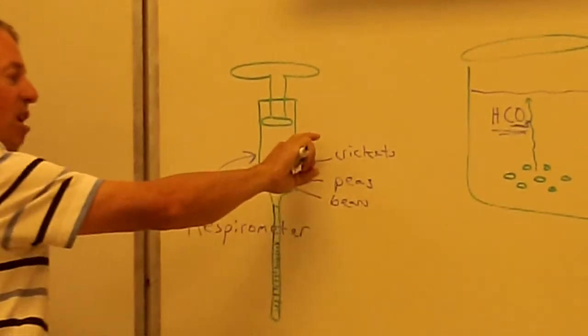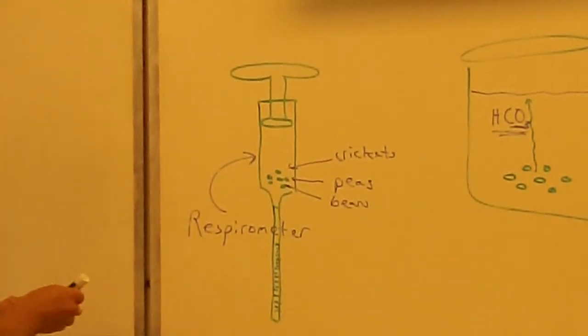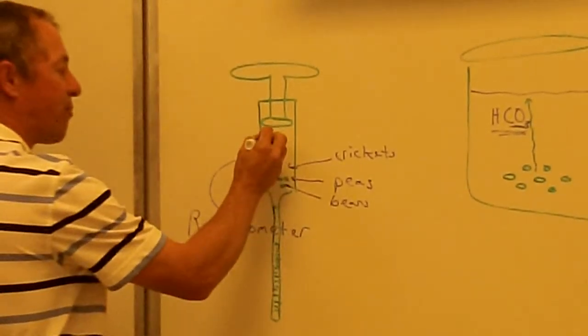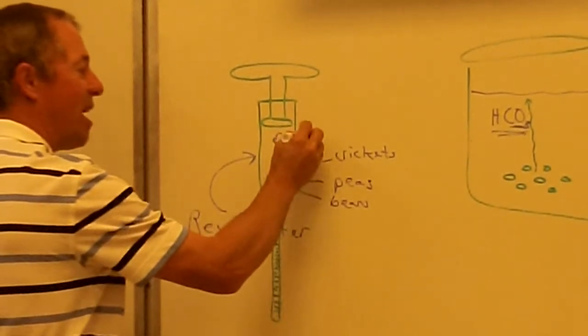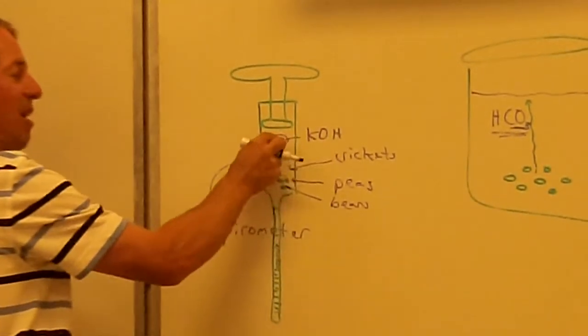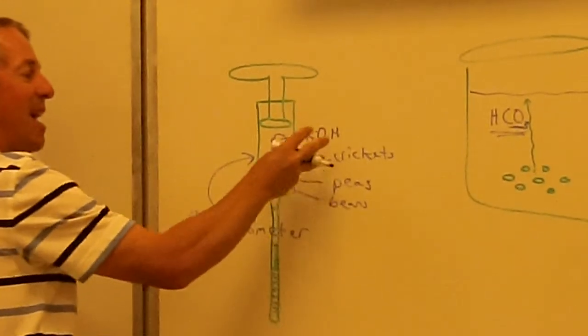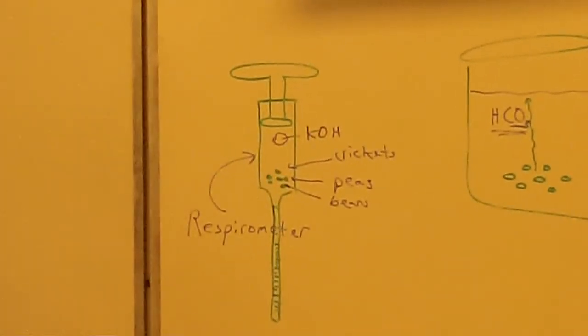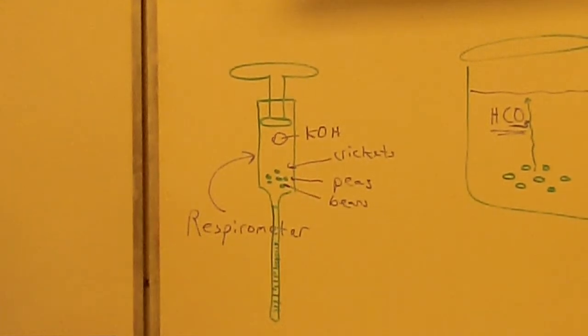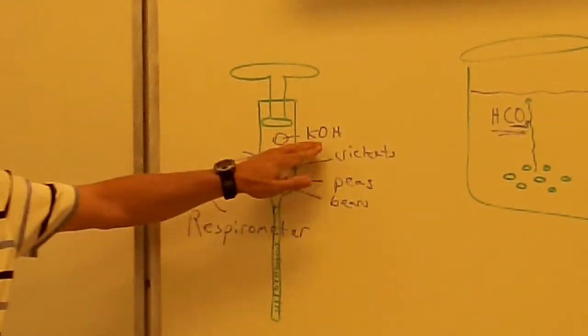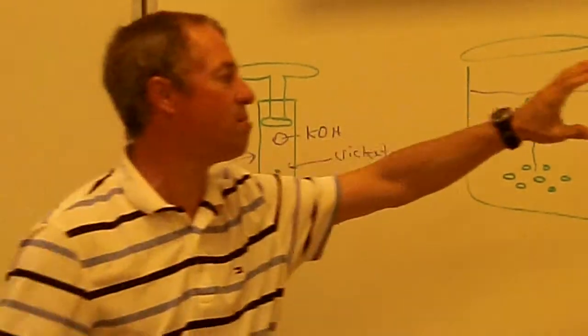And they're putting out carbon dioxide, but if you put a little chemical in here, we didn't do it, but the chemical's called KOH. You put a little KOH in here, KOH absorbs carbon dioxide. What does KOH stand for? Potassium hydroxide. And potassium hydroxide absorbs CO2.